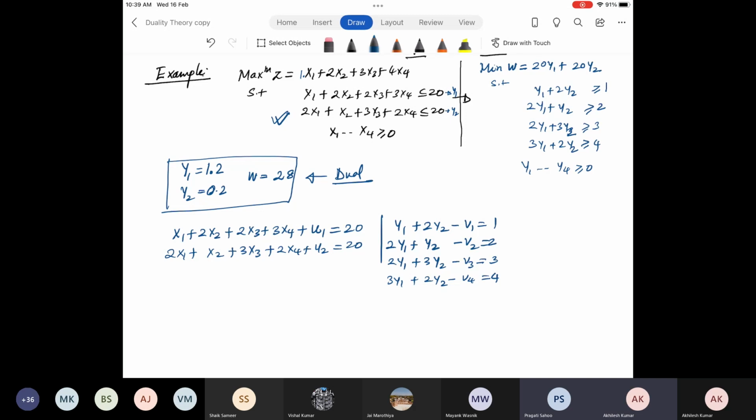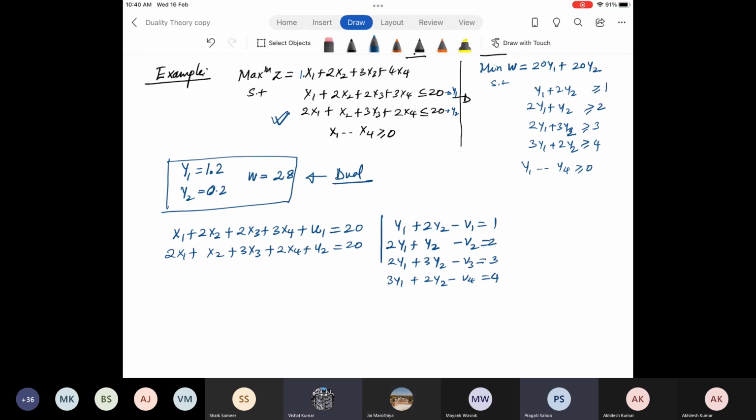Any mistakes? Just look at it quickly. So I have added slacks u1, u2 on the primal side and subtracted surplus v1 to v4 from the dual side. Fair enough?